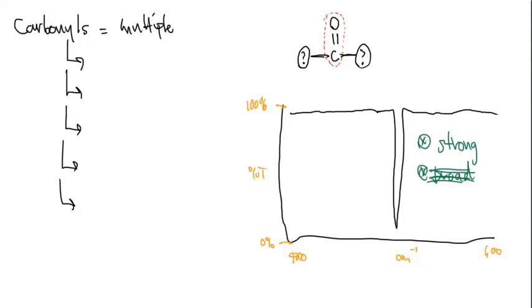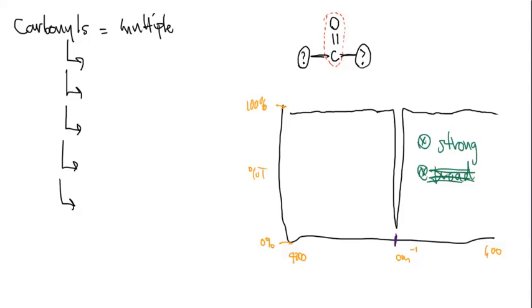Now, where does this number happen? Because we said the numbers are pretty important, right? Traditionally this doesn't have a lot of wiggle room compared to all of the other shifts. I mean, look at the alcohol group that we just talked about. It went from 3200 to 3600, right? That's a 400 wave number wiggle room.